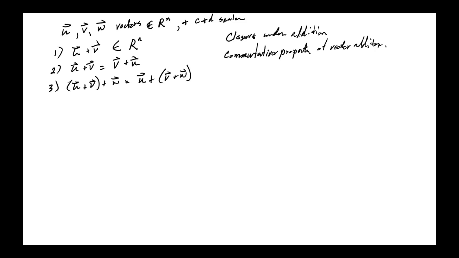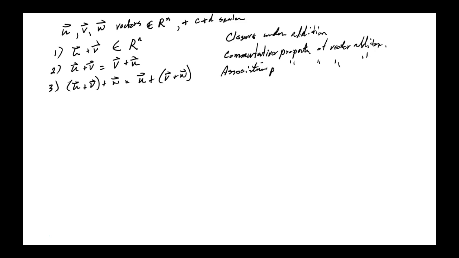And because it doesn't matter how you associate them when adding in the real number system, it doesn't in the vector system either. So this is the associative property of vector addition. Associative property of vector addition.